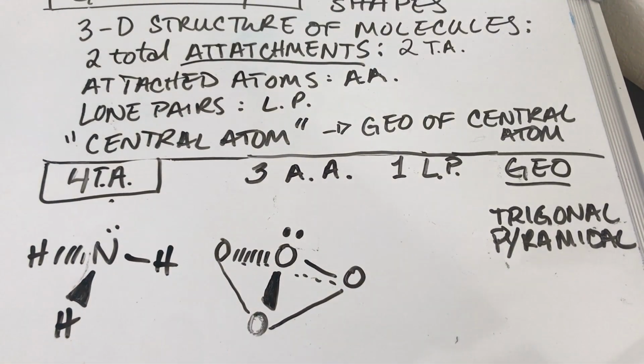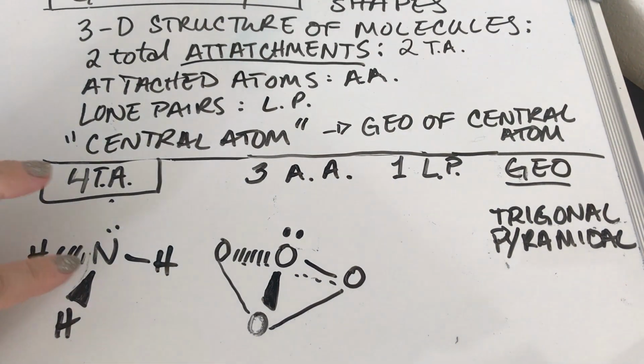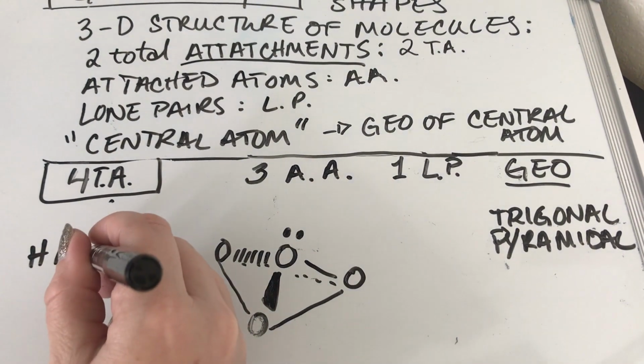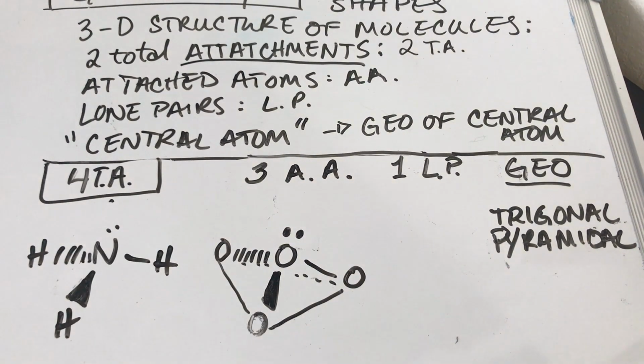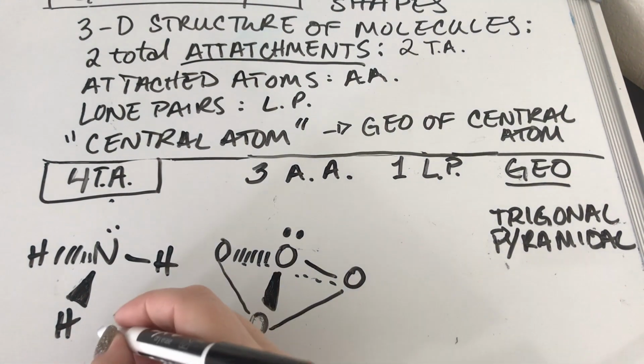So, an example of a molecule that has a trigonal pyramidal structure would be this guy, NH3, aka ammonia. What would the covalent name for that guy be? Nitrogen trihydride, right? But that's one of the common names that I would like you guys to know.